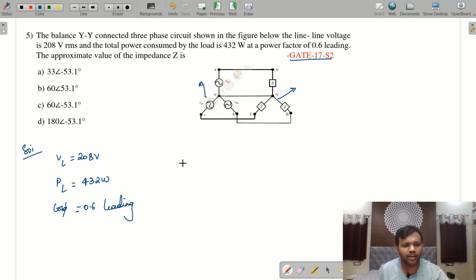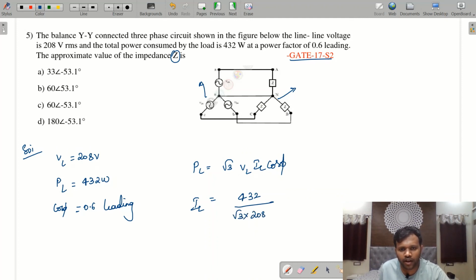They had given it in GATE, okay. So what is the value of PL? What can we write? Root 3 VL IL cos phi, okay. What they were asking is the value of Z, okay. So here the unknown value is IL. IL equal to 432 divided by root 3 into VL value 208 into cos phi value 0.6, okay.